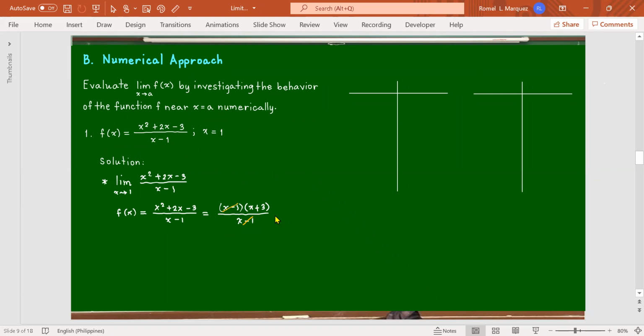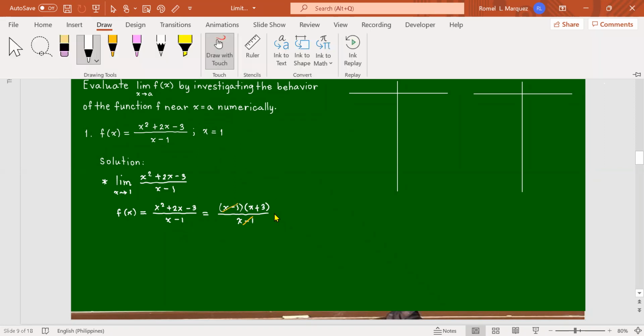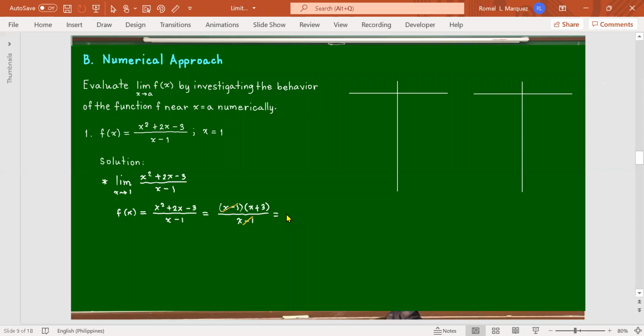So this will give us x plus 3, but with the condition that x is not equal to 1.